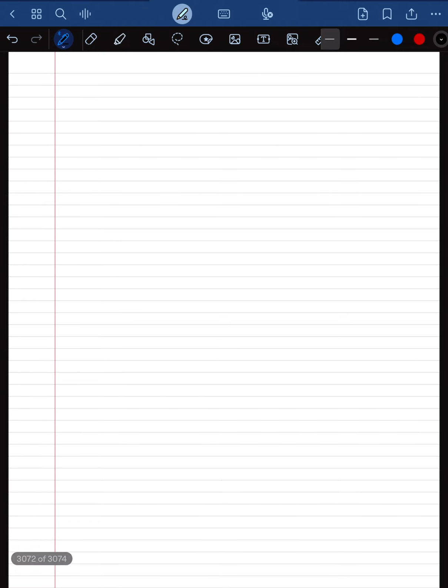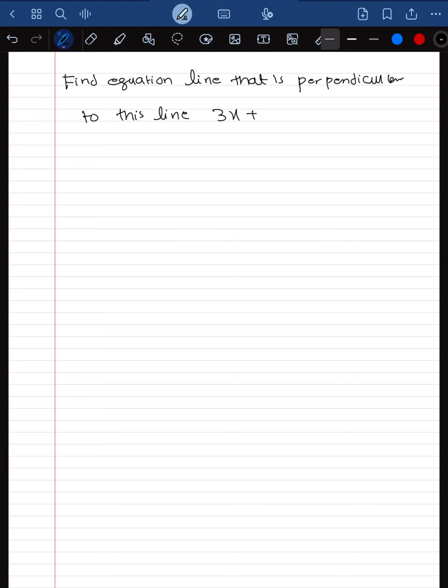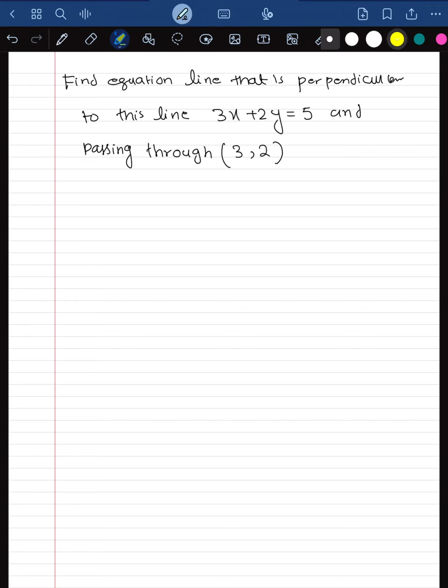So in the paper they can ask you a question like this: find the equation of the line that is perpendicular to this line, and the line is 3x plus 2y is equal to 5, and passing through, let's say, 3 comma 2. They can give you any points.